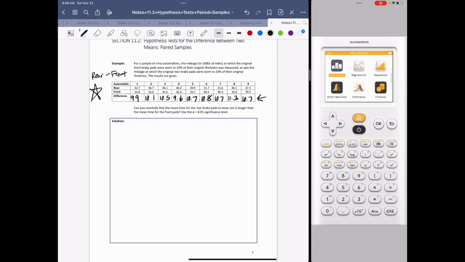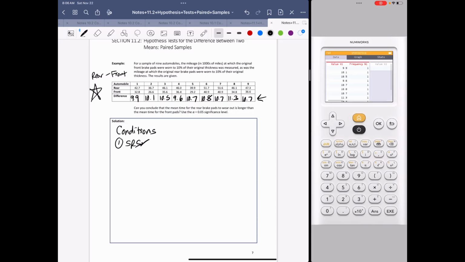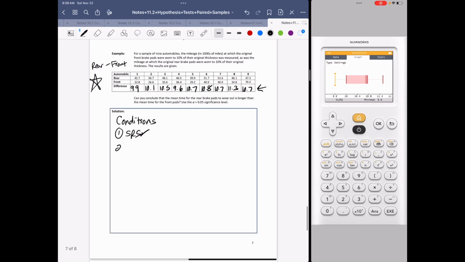Our conditions are going to be SRS. I'm going to go to my statistics. I've entered my data. I'm going to graph it, box plot. There's my box plot. No outliers.